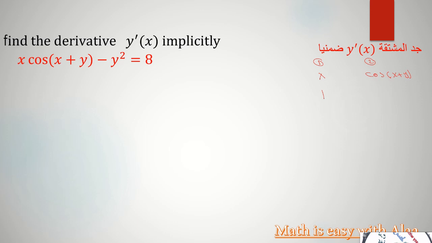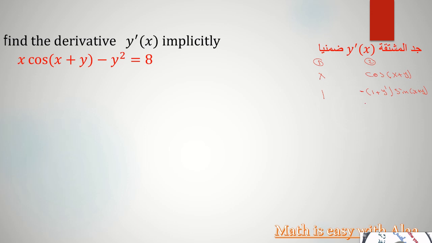First of all, we will differentiate cosine(x + y). The derivative of x is 1 plus the derivative of y, which is y prime, times the derivative of cosine. The derivative of cosine is negative, so I will put a negative here, and sine(x + y).